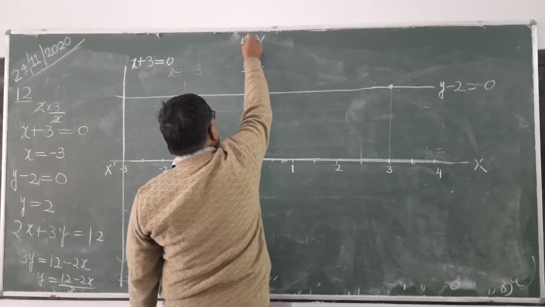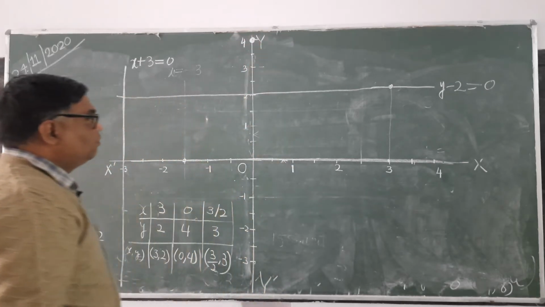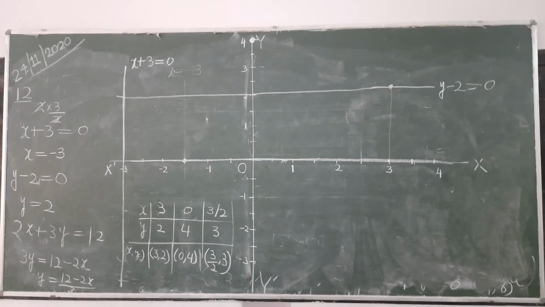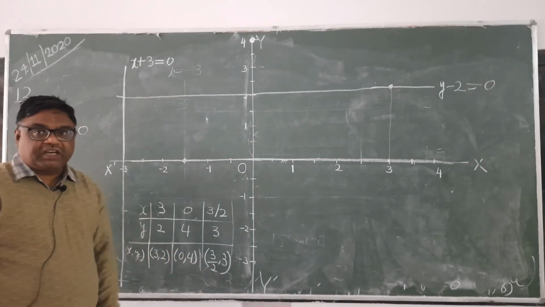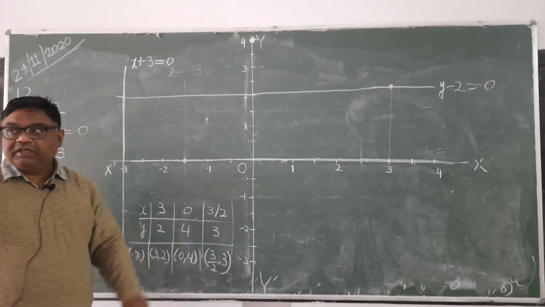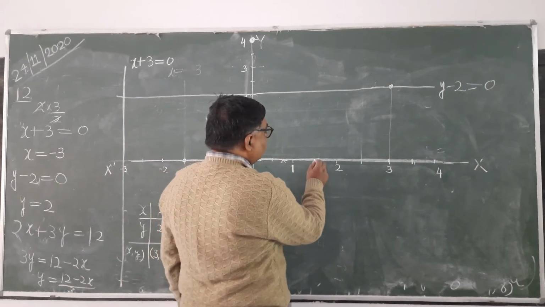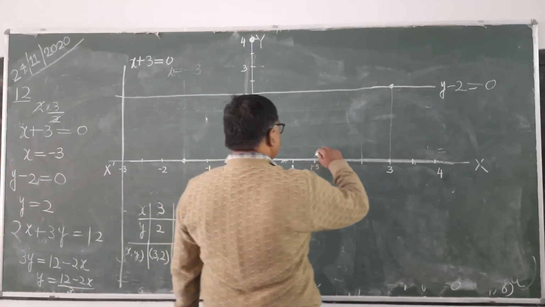This point will be 0 comma 4. Then 3 by 2, that is 1.5 comma 3. In front of 1.5 on x, and in front of 3 on y. Where is 1.5? It is here.